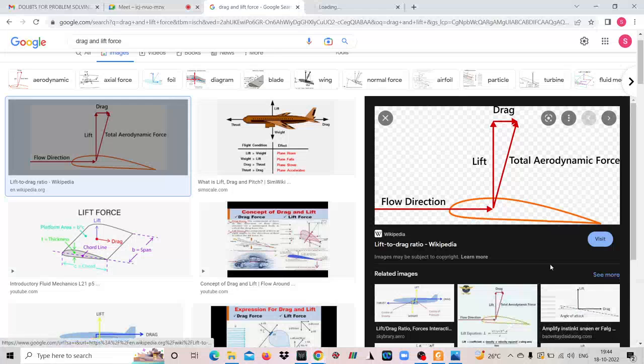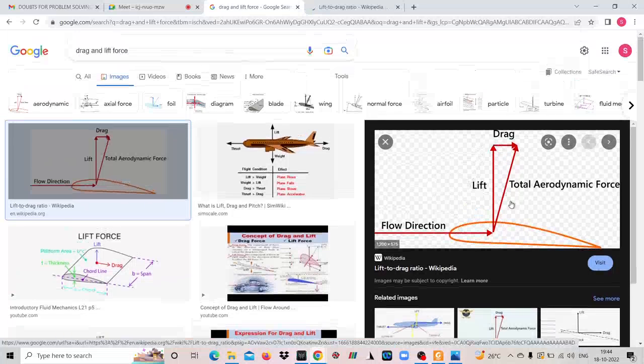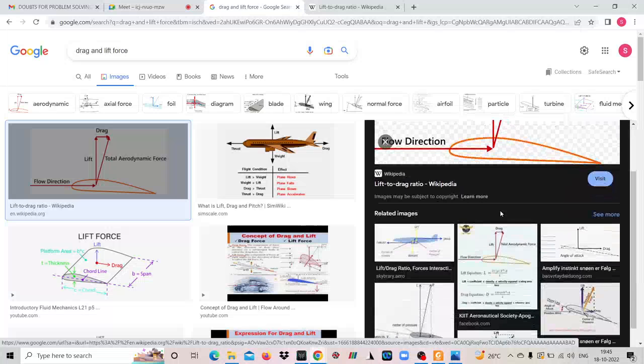Now see, say this is a body, a particular body. This is the flow direction. Now drag is the force which is acting along the flow direction. Clear? And lift is vertical to the flow direction, or normal to the flow direction. That is the simplest explanation, right?